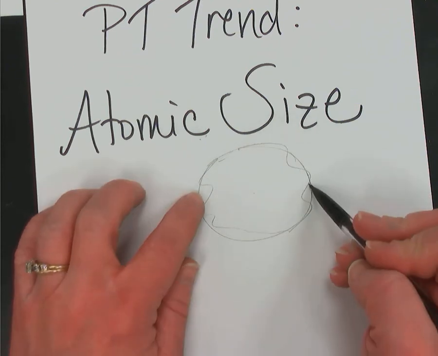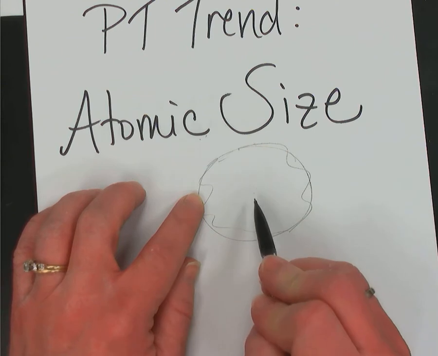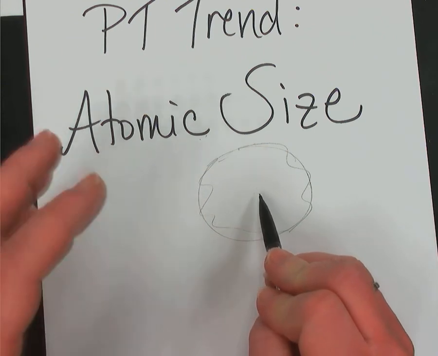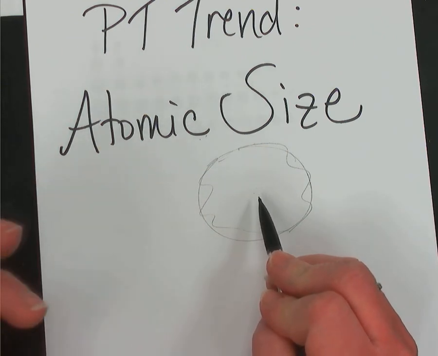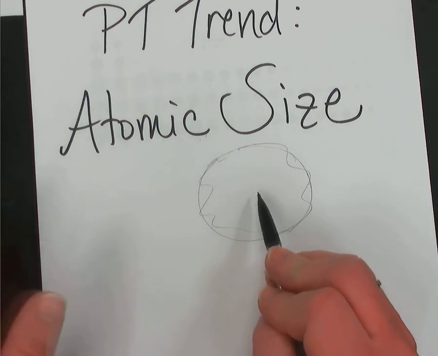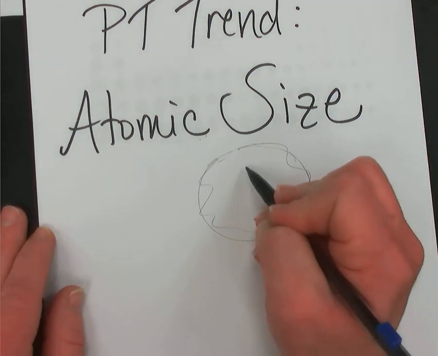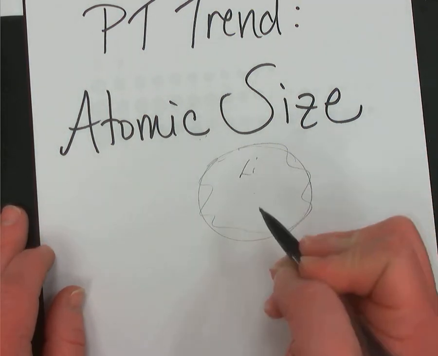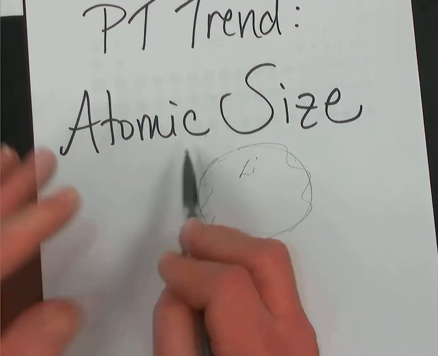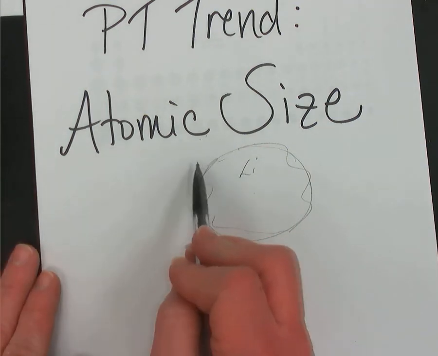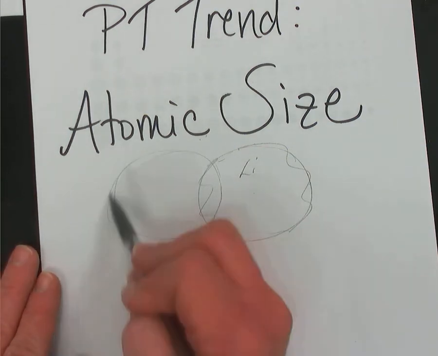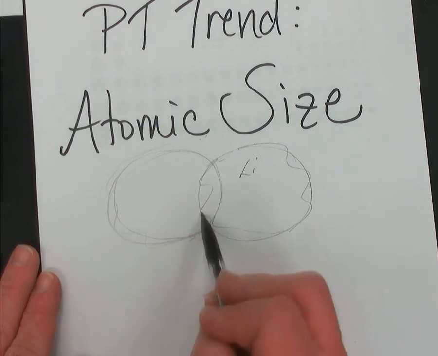So how do we measure this? Well, what we can measure is where the nucleus is. We can definitely identify where that positive nucleus is. So for example, if we take an atom of lithium and bond it to another atom of lithium, now we definitely realize there's probably going to be a little overlap, maybe.